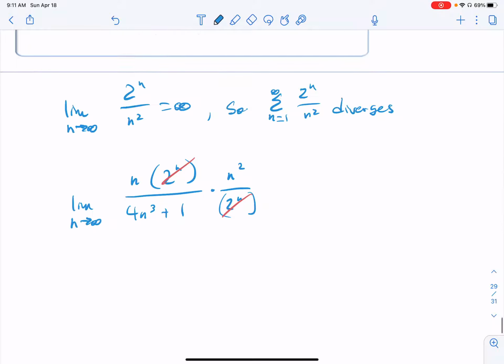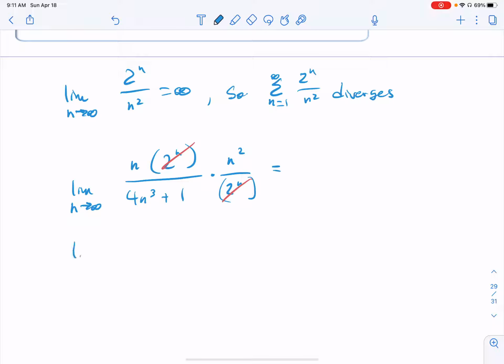Okay, right, okay. Which is equal to the limit as n goes to infinity of, this was n cubed, right? When we multiply, 4n cubed plus 1. Powers are the same, so as far as the relative growth rates go, this is going to approach the number 1/4, which is finite and positive.